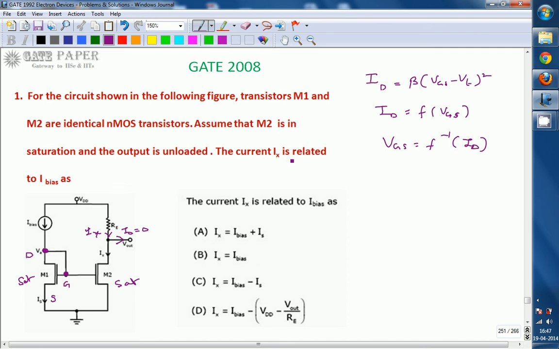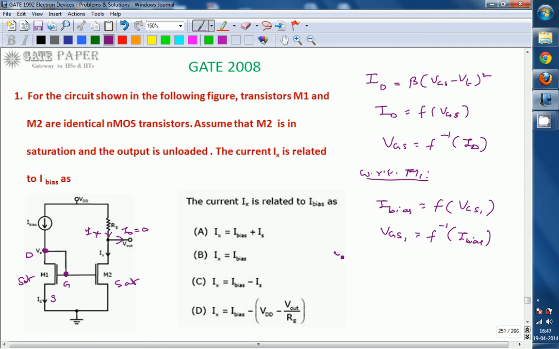With respect to transistor M1, we can write I bias as a function of VGS1, because the transistor is in saturation, and in saturation the output current depends only on the gate to source voltage. Otherwise, we can write VGS1 as the inverse function of I bias.